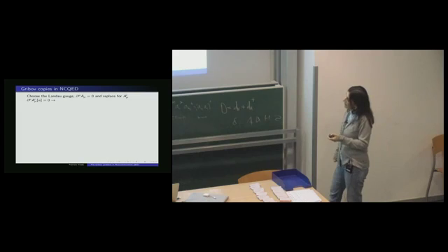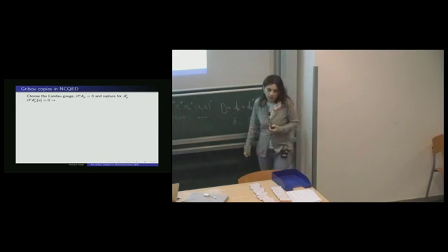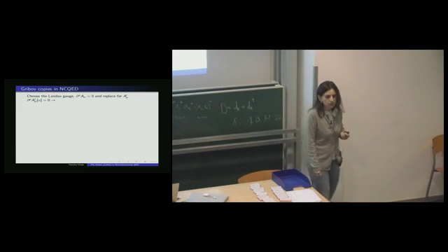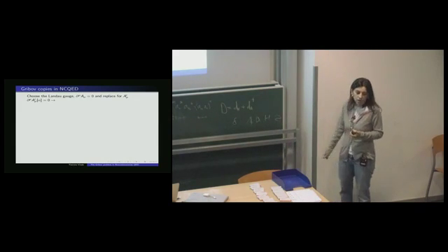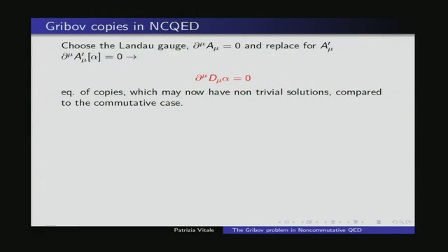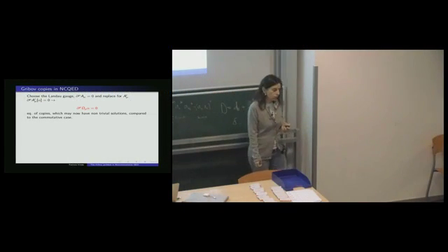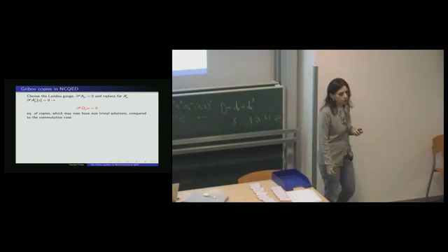choice. Then I impose that my gauge transformed field A mu satisfies the gauge condition. And I find this equation here, which is actually the equation for the existence of copies.